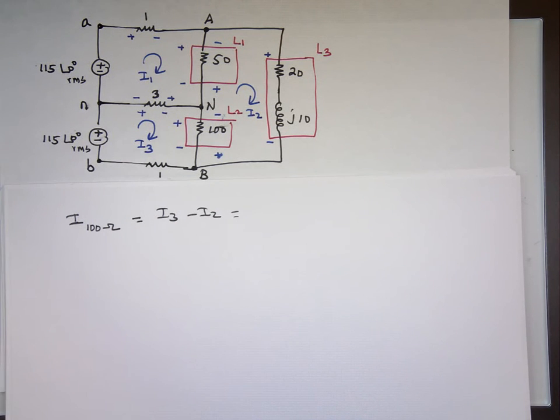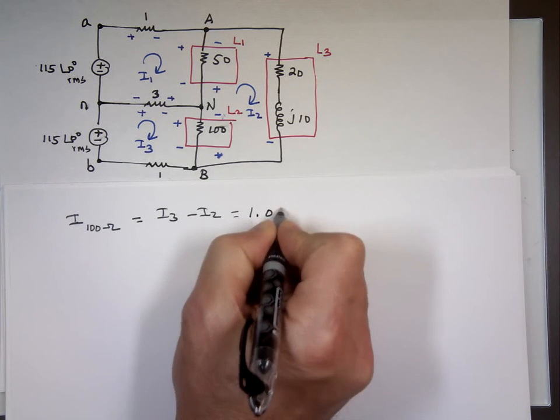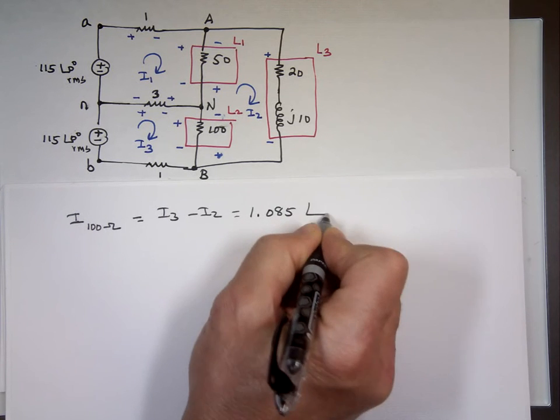I sub 3, which is 10.37 angle negative 21.8, minus I sub 2, 9.39 angle negative 24.5. And I came up with 1.085 angle 2.27.